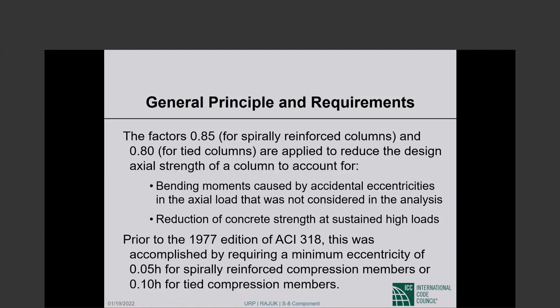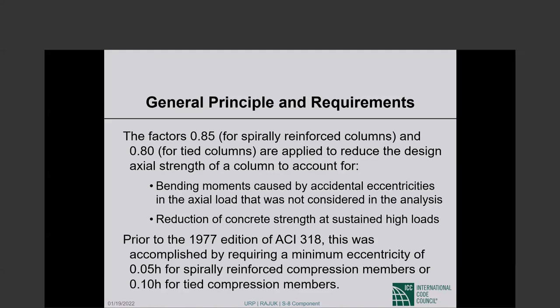The big reason is this accidental eccentricity. We may think our axial load is concentrically applied, but in reality, there may be a small eccentricity, and we do consider an eccentricity all the time, because not to do so would be unconservative.